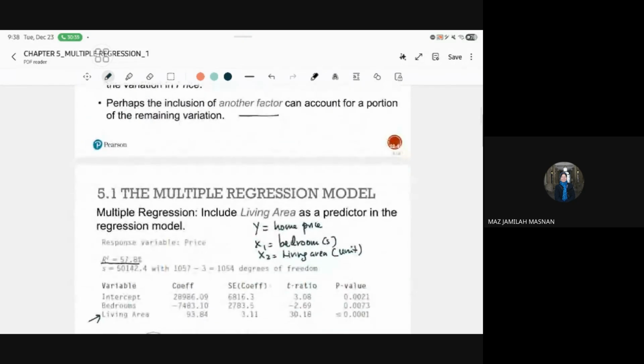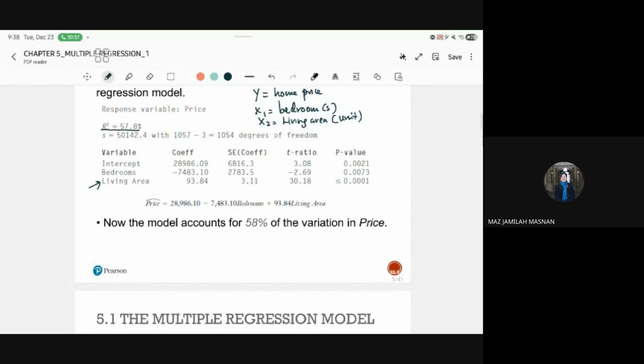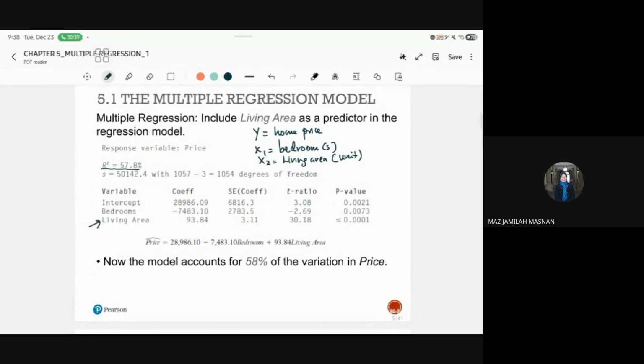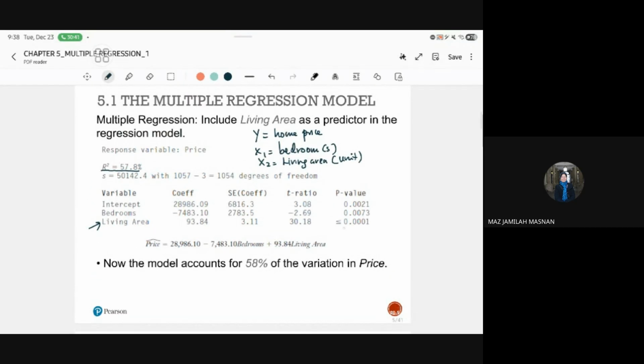But adding the living area, we can see what happened to the p-value. Does the living area significant to the model, class? If let's say alpha is 0.05, is living area significant to the model? Yes or no?